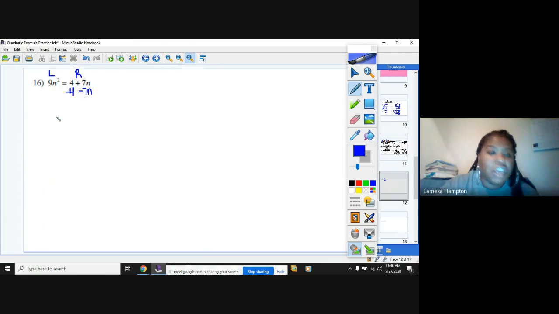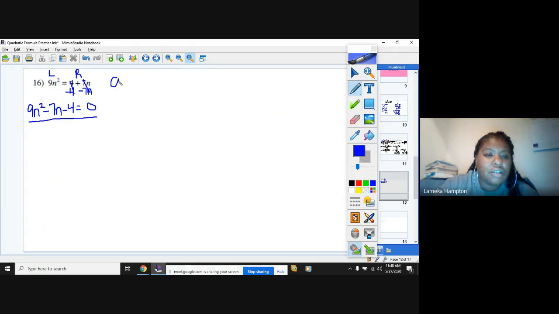So when I do all of that, this is what I have: 9n squared minus 7n minus 4, and that is going to be equal to 0 because these two cancel out on my right side. And that's what I want. So now this is the equation that I'm going to use in the quadratic formula.